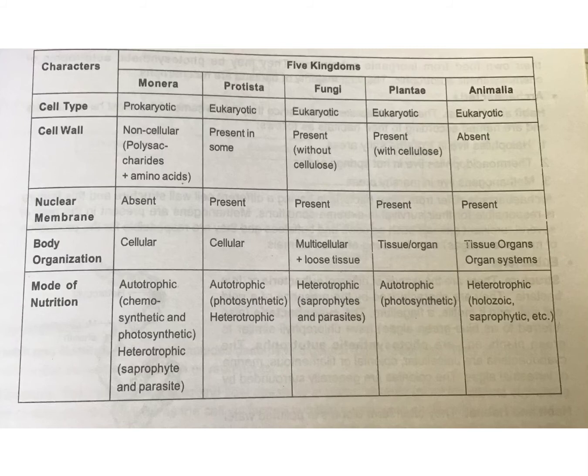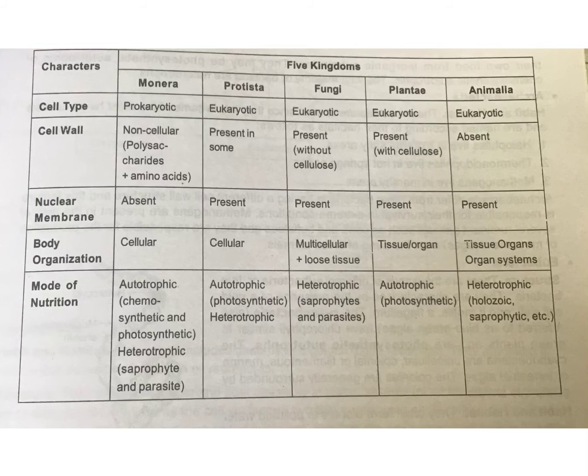And if we see the body organization, only Protista are cellular, means they are unicellular, and then onwards multicellular organisms are produced. Even in Plantae and Animalia, the tissues, the organs, and in Animalia the organ systems also are developed. That means from Monera to Animalia, the evolutionary background is considered, they are evolving and modifying, they are becoming more advanced.